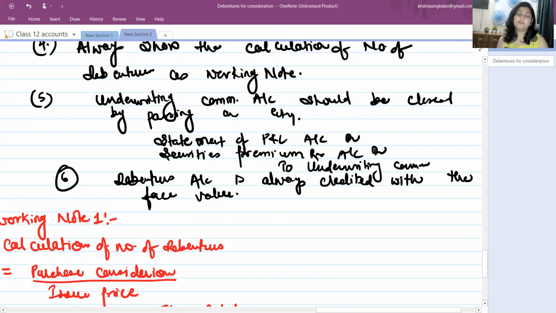This is end of the topic of issue of debenture for consideration other than cash. I wish you all the best for this topic, and I hope you will do all this your revision properly, not once, at least 3 times. Okay, 3 times you will solve all these questions. हाथ से लिख करके solve करेंगे. I will provide you the solutions for the questions which we have not done in the class.